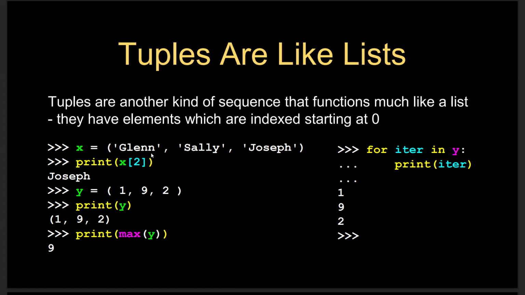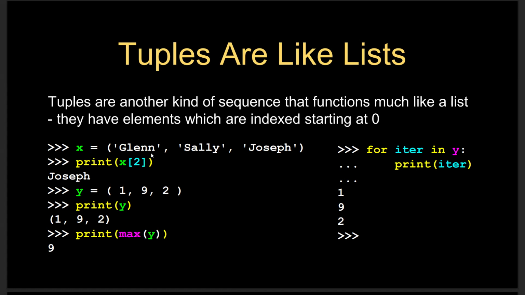Whenever you print x of 2 and execute this code, x of 2 means you are asking to print the second index value. What is the second index value? Joseph, because the index always starts with 0. In the zeroth index, Clem is present. In the first index, Sally is present. In the second index, Joseph is present.